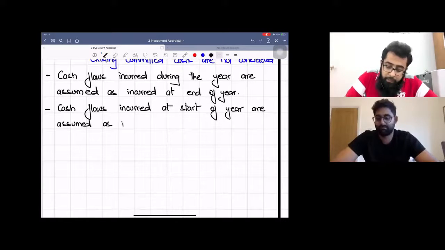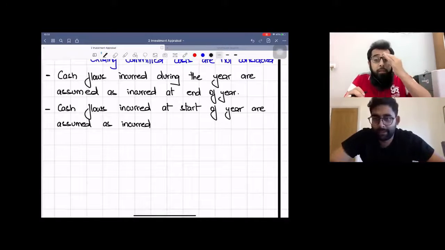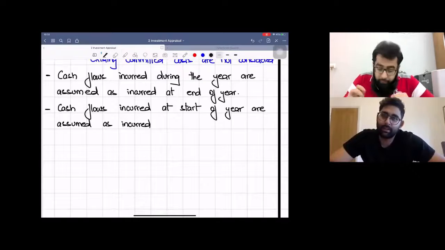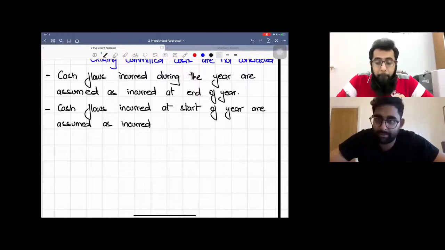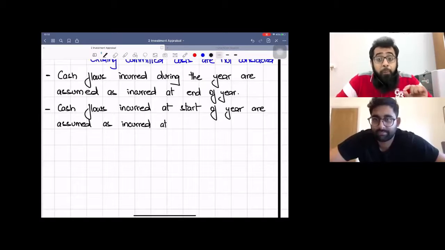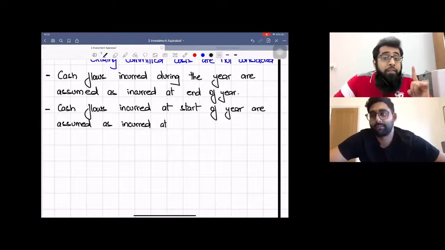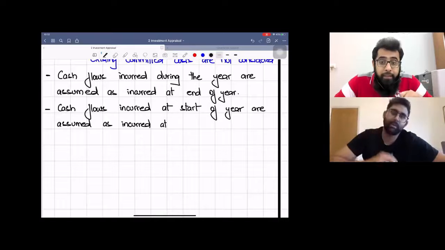Now, do you remember what about the cash flows incurred at the start of the project, not the start of the year? We show them as incurred at year 0, and in year 0 we use a discount factor of 1.